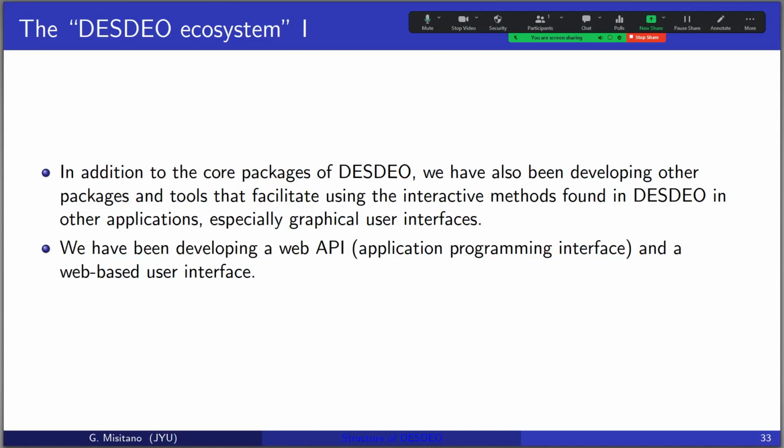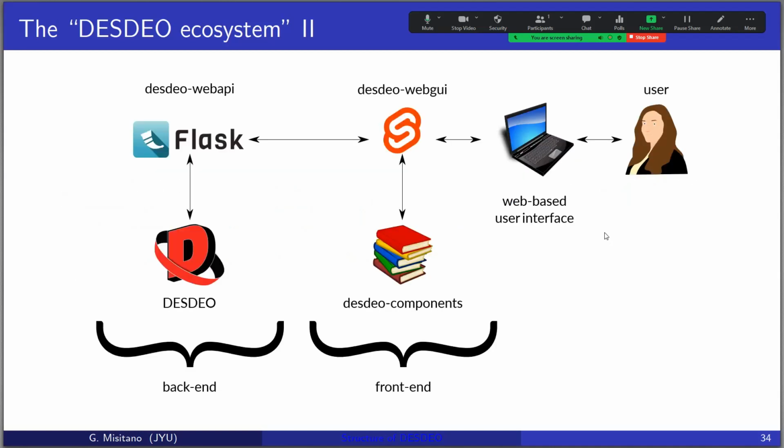So we developed a so-called application programming interface, which allows us to interface the methods we have in DESDEO so that they may be utilized by any application that can handle basic HTTP, or hypertext protocol, messages. So it allows us basically to use DESDEO in many other programming languages and software frameworks than just something that is Python-based.